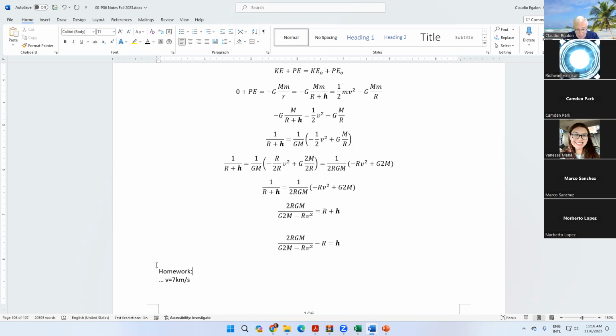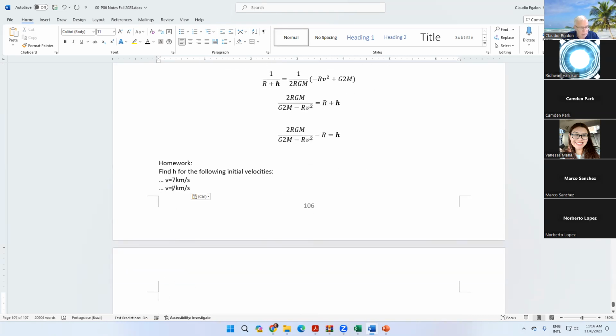I just want you to have a feeling of what it takes. Find H for the following initial velocities: 7 kilometers per second, 9 kilometers per second, and 11 kilometers per second.